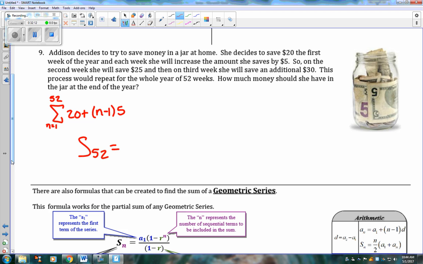What did y'all get for the sum of 52? How much will she have at the end of the year?